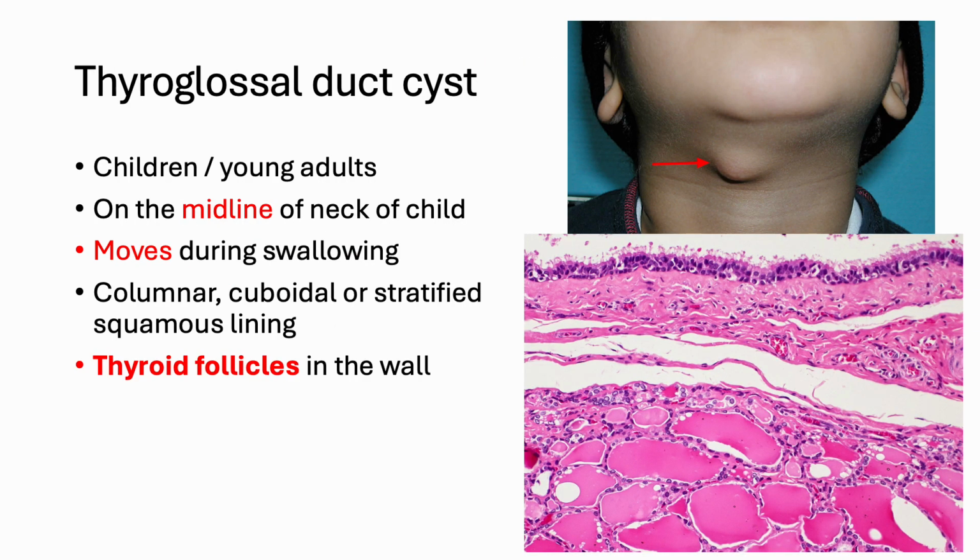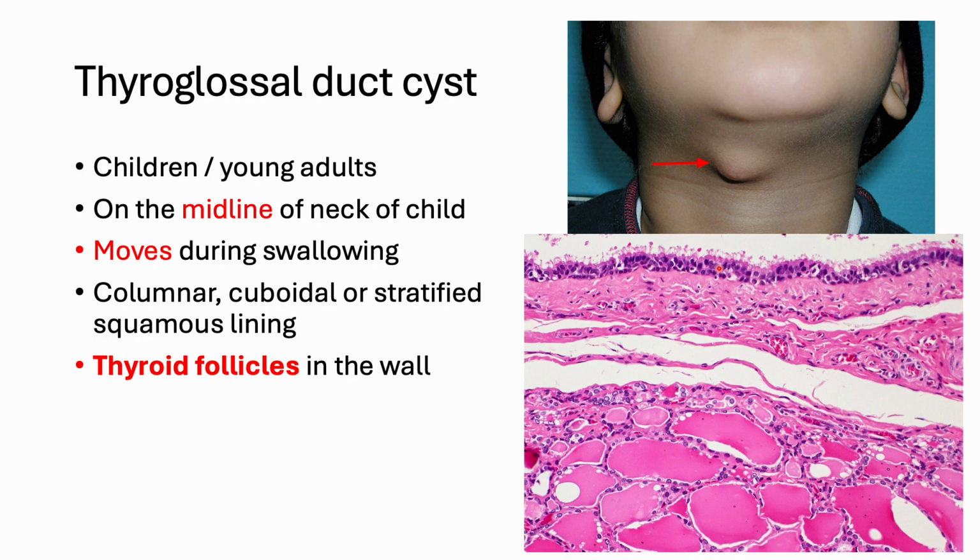The next type of cyst is not very commonly seen. It is usually in the midline of the neck of a child or young adult. When the person swallows, the cystic structure will move along with the swallowing. If you sample the lesion, you will see the cyst lining has columnar, cuboidal, or stratified squamous lining.